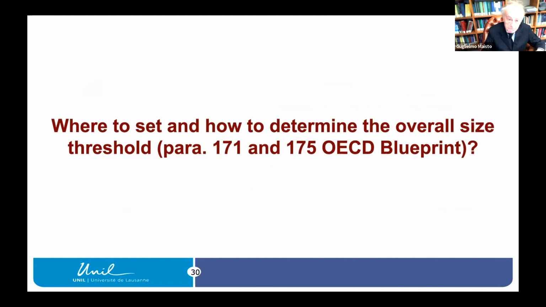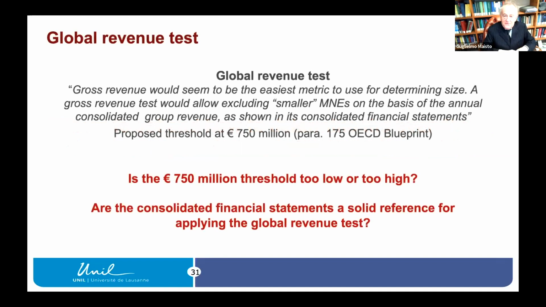So the first issue that has been debated and we want to discuss here is where to set and how to determine the overall size threshold. And if we turn to the next slide, it is something that the OECD blueprint is addressing, and there is a sort of proposal to set the threshold at 750 million.